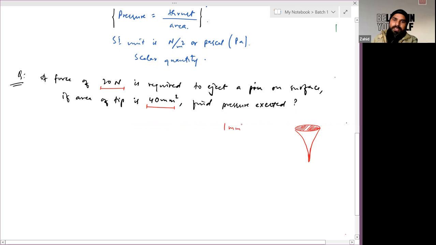Hamza, 1 mm square is equal to 10 to the power minus 6 meters squared.